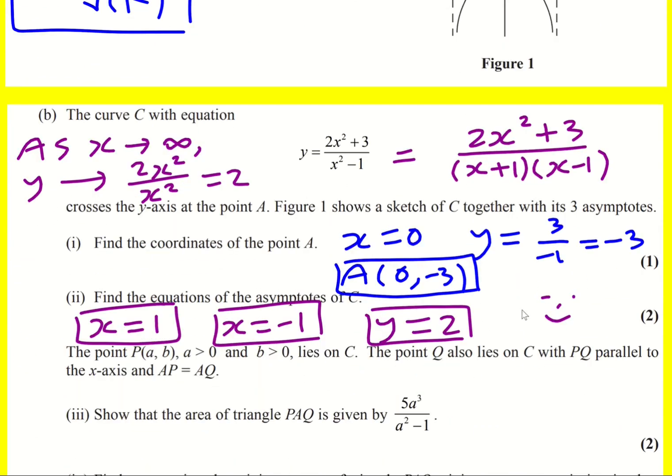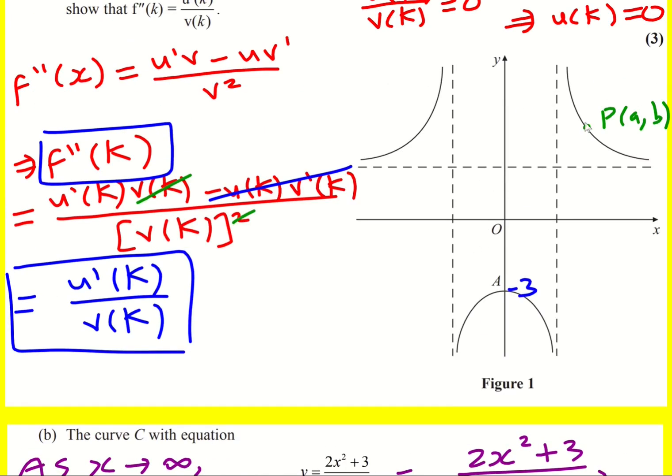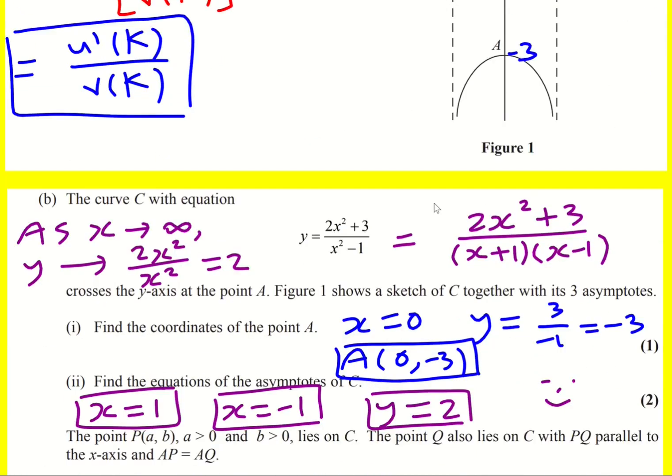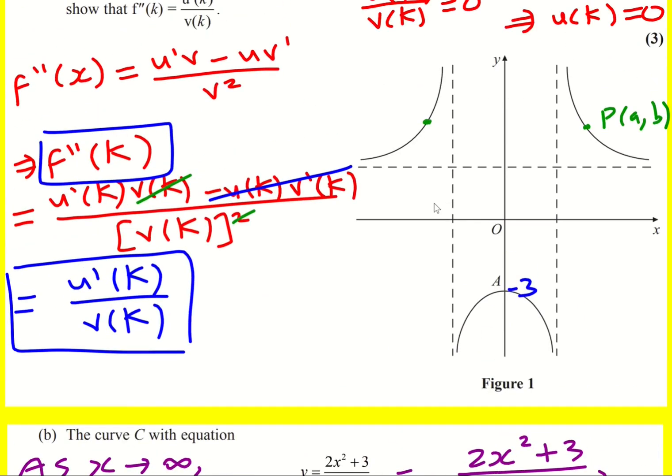And then what else do we have? The point Q also lies on C with PQ parallel to the x-axis and AP equaling AQ. So if it's parallel to the x-axis, it's going to be sort of along here, and it's going to be here, which by symmetry is Q, minus AB.